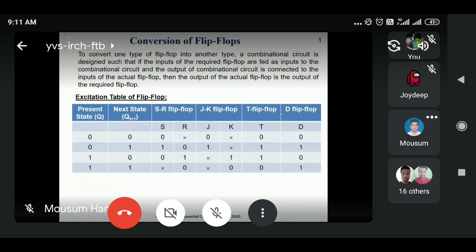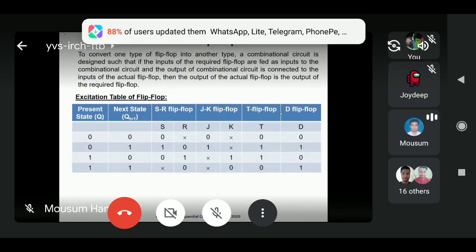Without this excitation table, it is not possible to convert one flip-flop to another flip-flop. Based on the present state and next state, we can convert from any flip-flop to any other flip-flop.